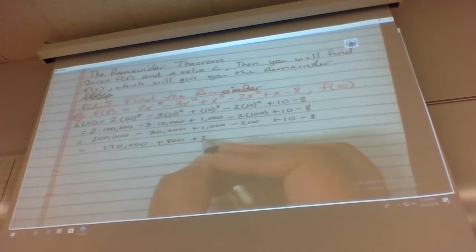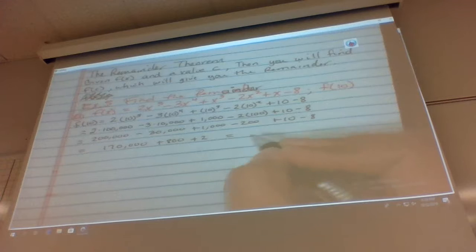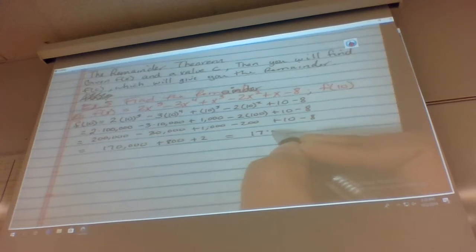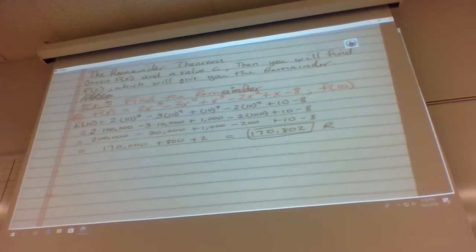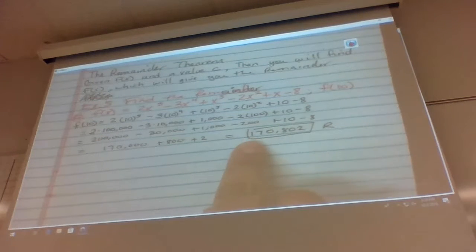This here is your remainder. That is all they want you to do in that question. Find your remainder. This is you using the remainder theorem. But this could also be done using synthetic.